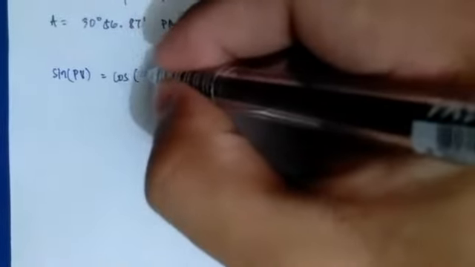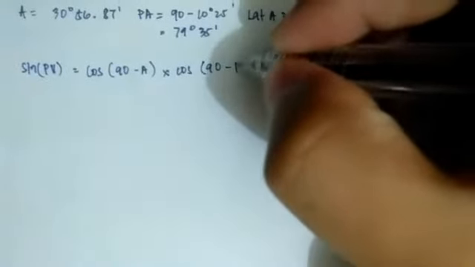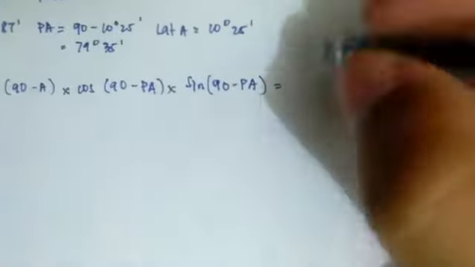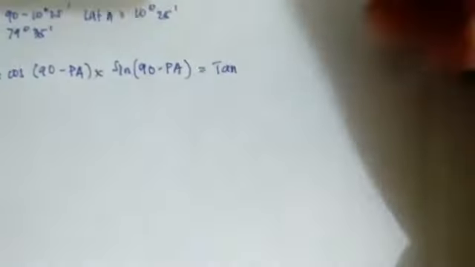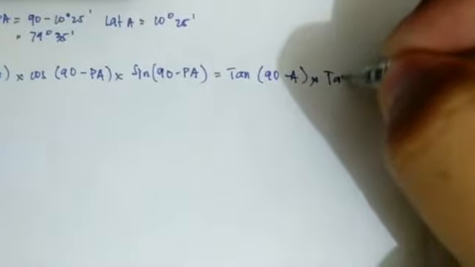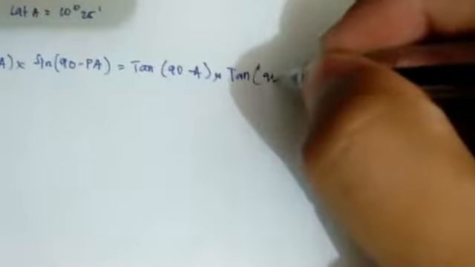So sine PV is cos 90 minus A times cos 90 minus PA times sine 90 minus PA equals tangent 90 minus A times tangent 90 minus P.